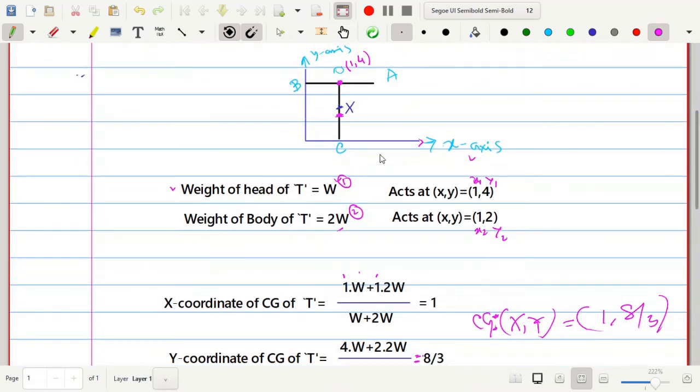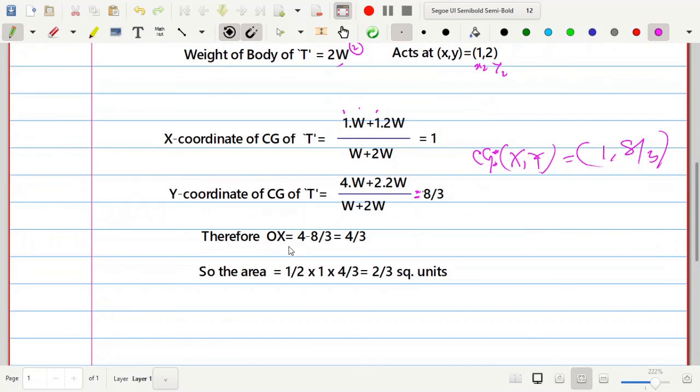The X coordinate must be 1, because this is on this line, but the Y coordinate is 8 by 3. The total OC was 4 units, as we have seen, but this height is 8 by 3. So what is OX? OX is 4 minus 8 by 3, which is 4 by 3.